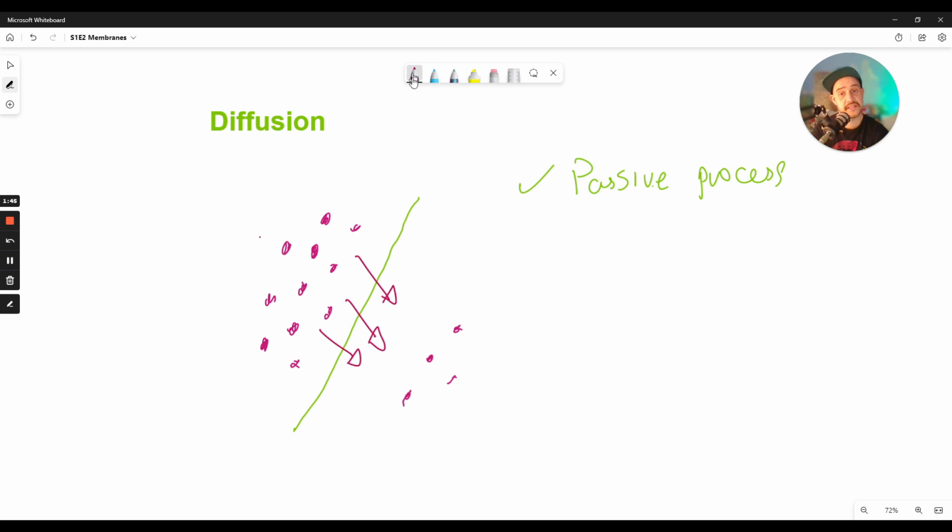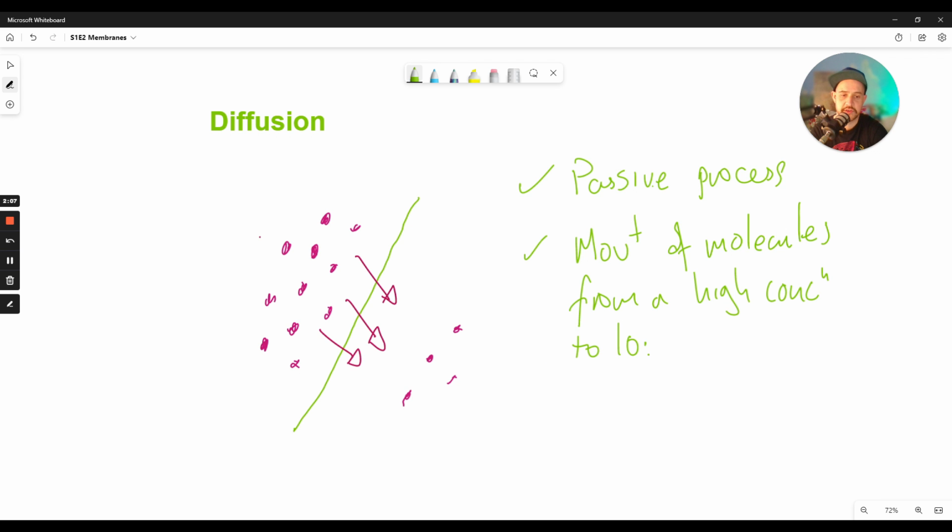Okay, so that's our second key point to say. Okay, so it is the movement, and I'm going to just write shorthand here, movement of molecules from a high concentration to a low concentration.